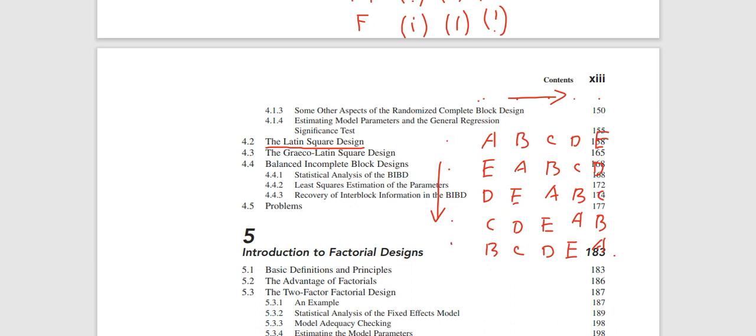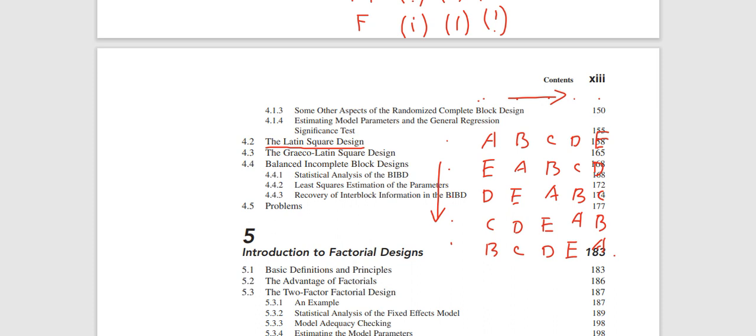So we test A, B, C, D, E for each combination, and A appears in each row and each column. We call this a Latin square.